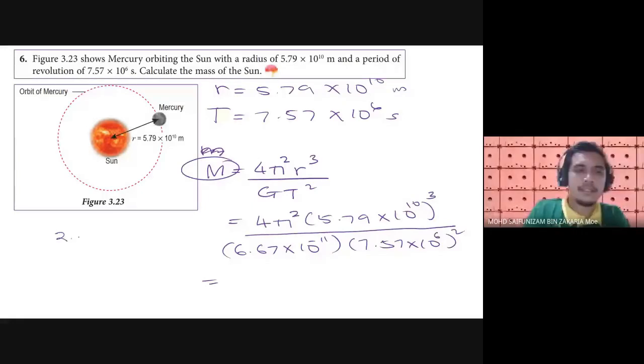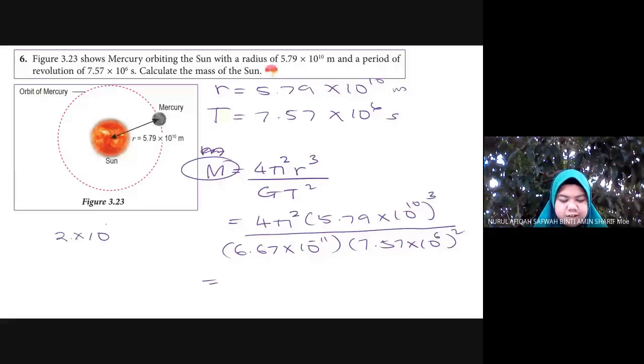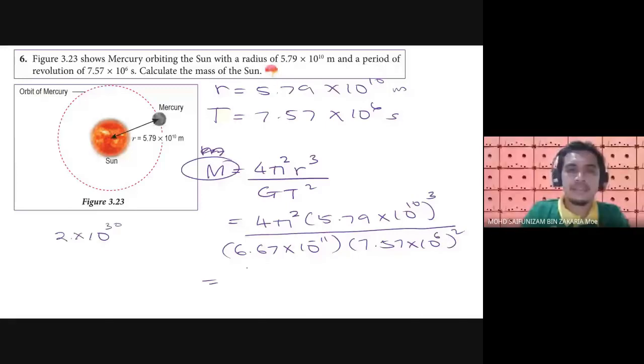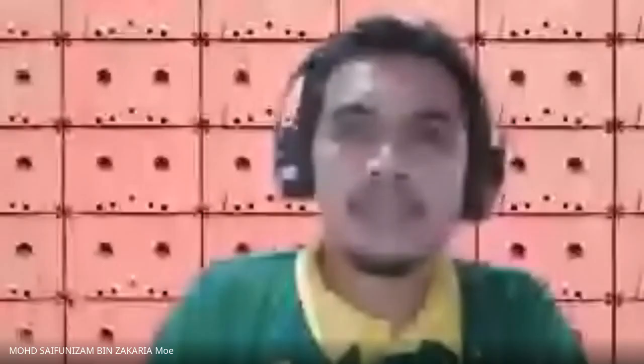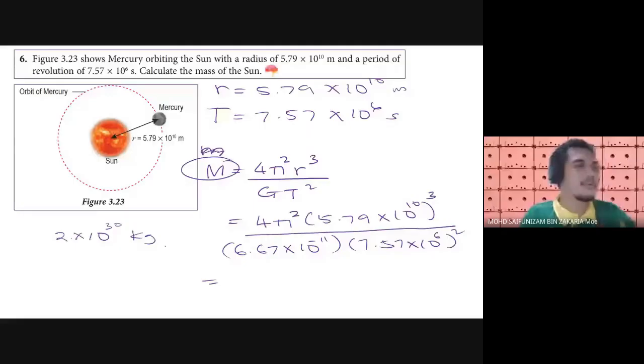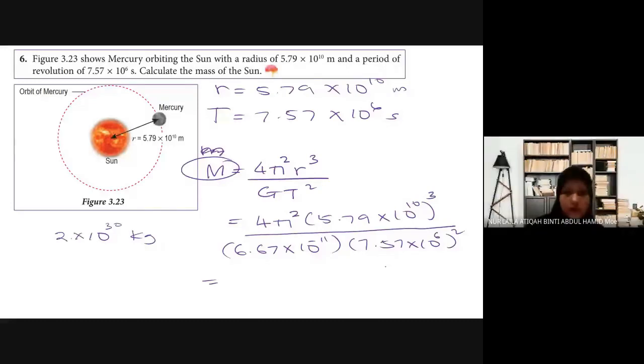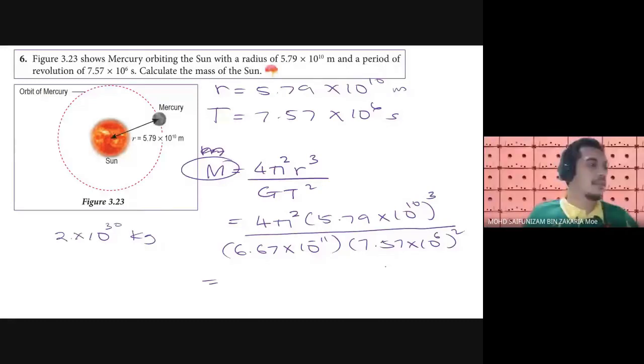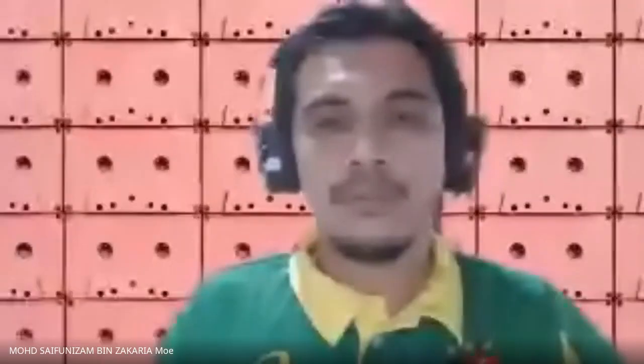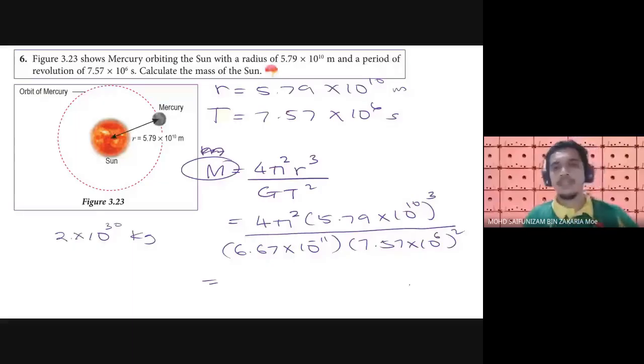Safwa, your answer? 2 times 10 to the power of 30 kg. Okay, yang lain? Jawab apa? Sama. Okay, so 2 times 10 to the power of 30 kg.